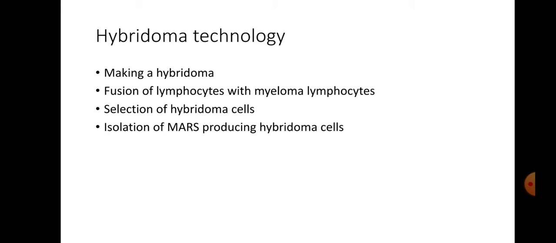Therefore, the hybridoma cells are capable of growing indefinitely in culture and of secreting specific antibody molecules continuously. As we know that one type of antibody secreting normal B lymphocyte secretes a specific type of antibody molecule, all the antibodies secreted in the culture by a particular hybridoma cell line remain identical.